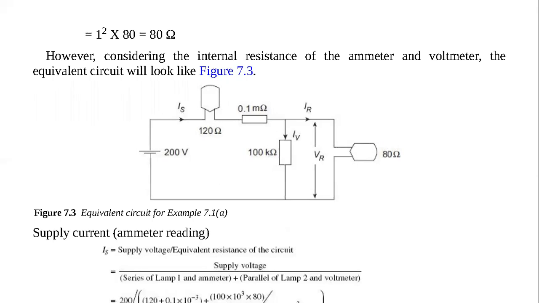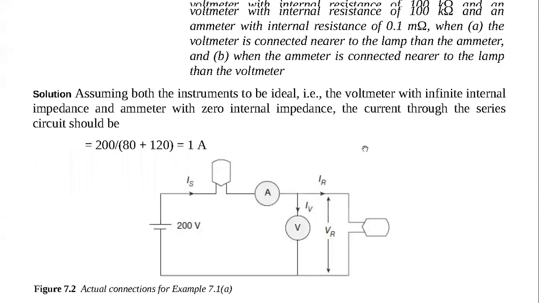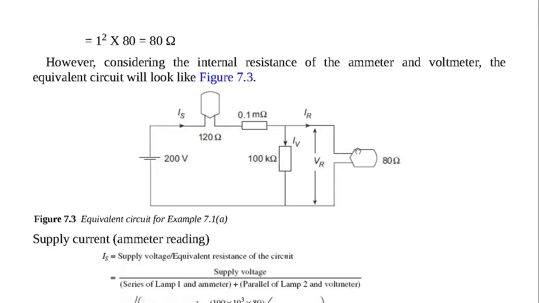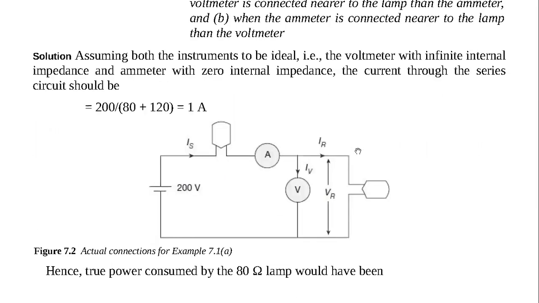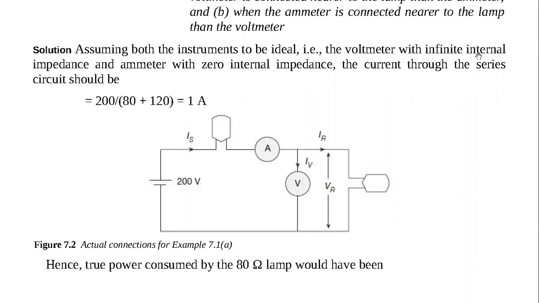First of all, we are going to have those resistances put in the circuit. You can see the 0.1 mega ohm, the resistance for the ammeter, and also the 100 kilo ohm, the resistance for the voltmeter. Going by the first explanation, scenario A, we are told the voltmeter is connected nearer to the lamp than the ammeter.